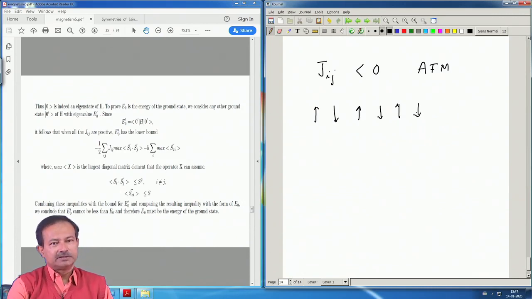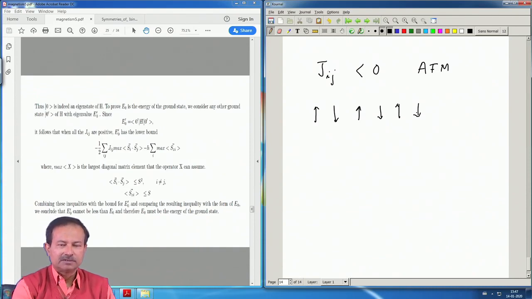You can write this state as a product state again, but if you operate with H as I wrote down, you will see that the Sj plus operator operating on these spins will not be 0.